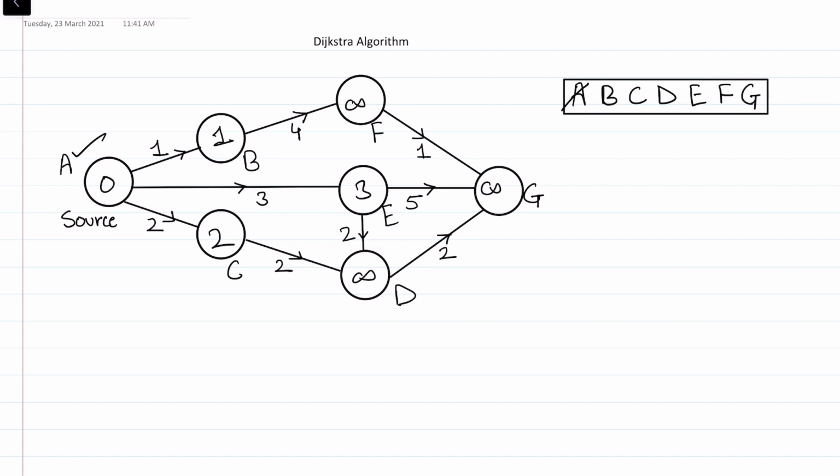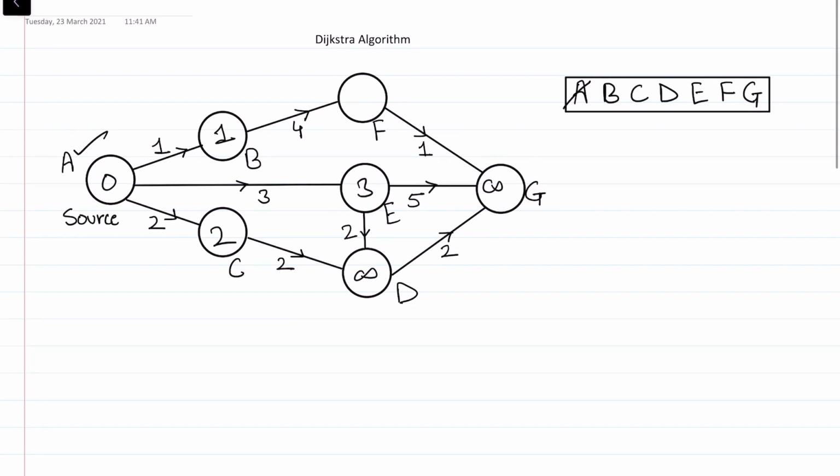And we relax all the outgoing edges from node B, which is F. Now, upon relaxation of edge B to F, we can see that the distance becomes 5. Now we have relaxed all the outgoing edges from the node B, so we can remove this from the first set.